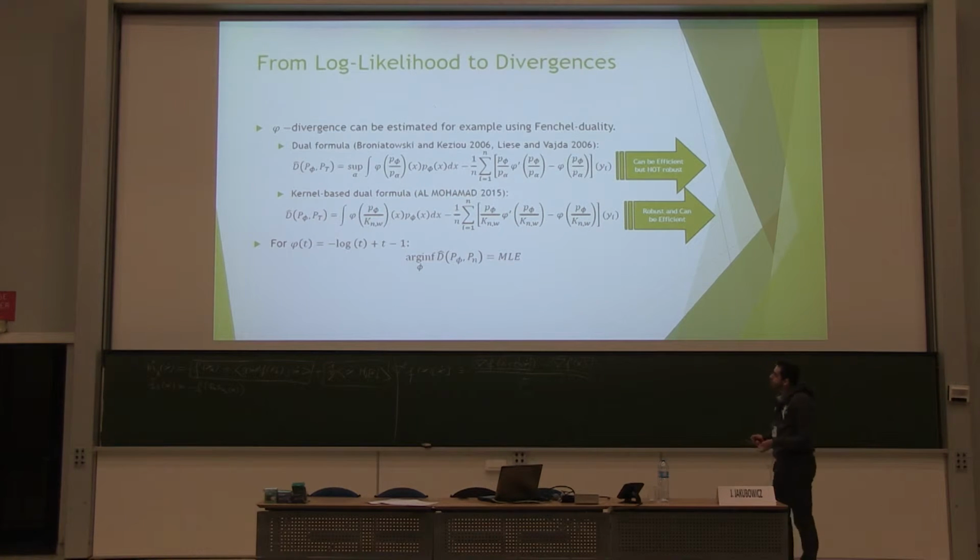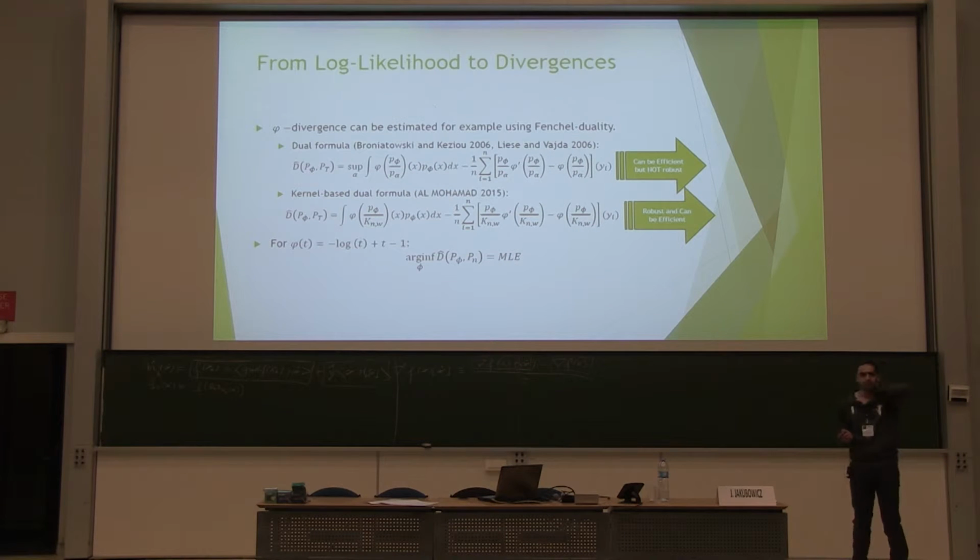And what I propose to use is two formulas based on functional duality. These formulas are called the dual representation of phi divergences, which were introduced by Broniatowski and Keziou, and Liese and Vajda, independently in 2006. The resulting estimate of the phi divergence is a supremal formula, which is written here.